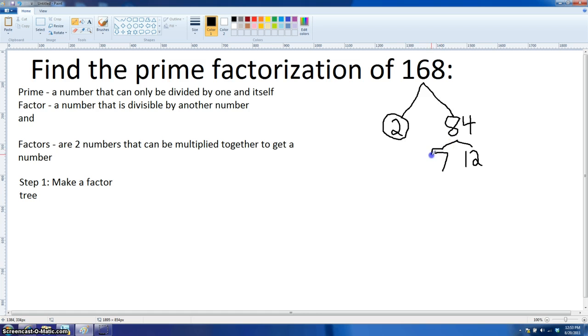Seven can't have any more babies, so I'm going to circle 7. 12 can still have some more babies. 12 had babies and named them 4 and 3. Alright, 3 can't have any more babies, so I'll circle this. 4 can still have babies, and 4 actually had twins. Their names were 2 and 2.